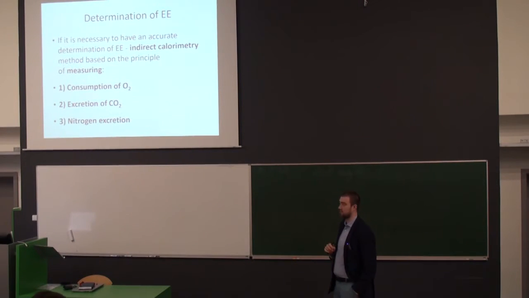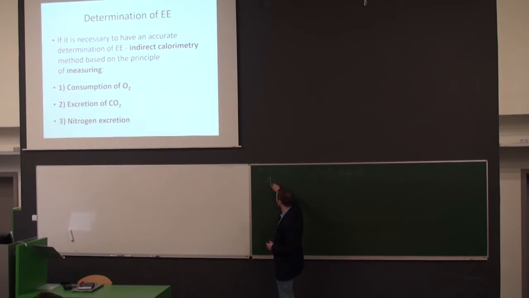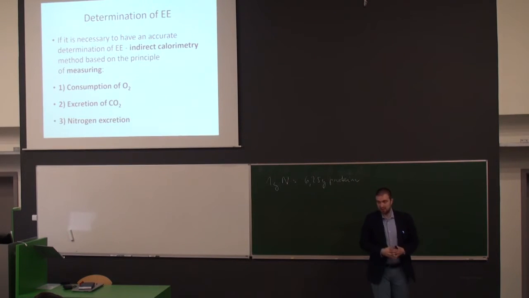And then you take the nitrogen excretion. As you know, approximately 1 gram of nitrogen equals 6.25 grams of proteins. Of course, it's also some average.